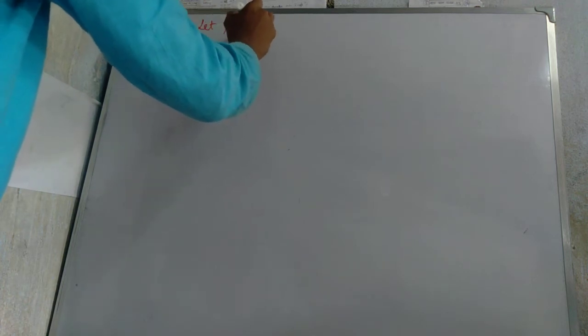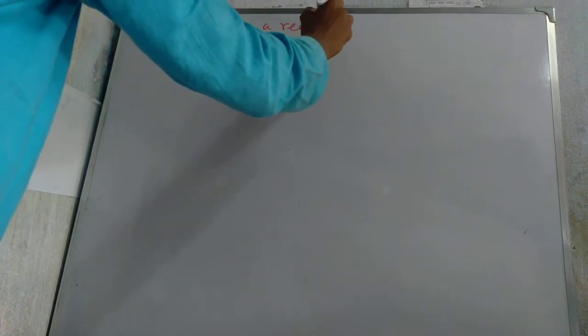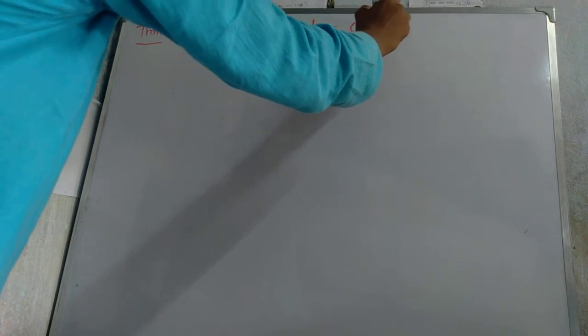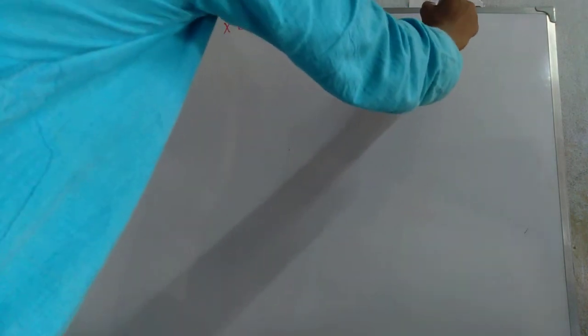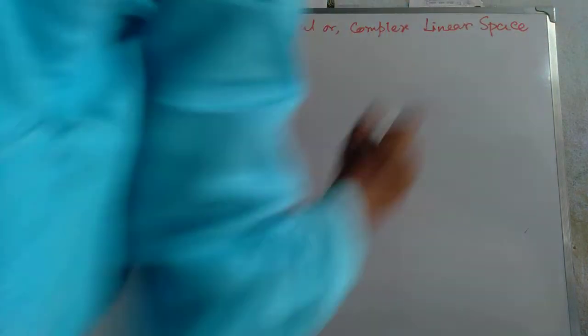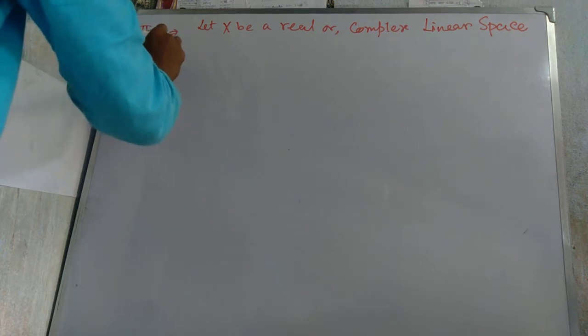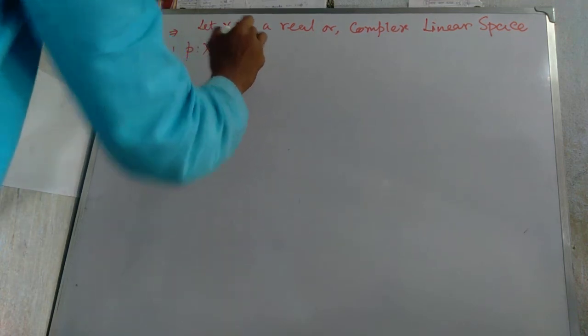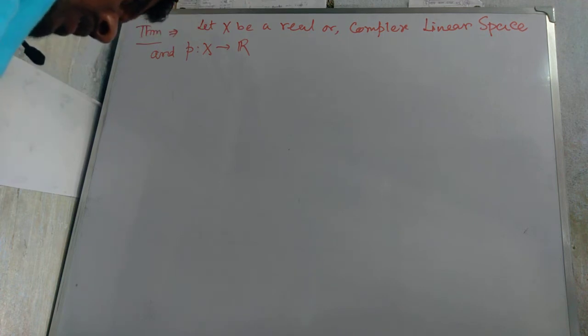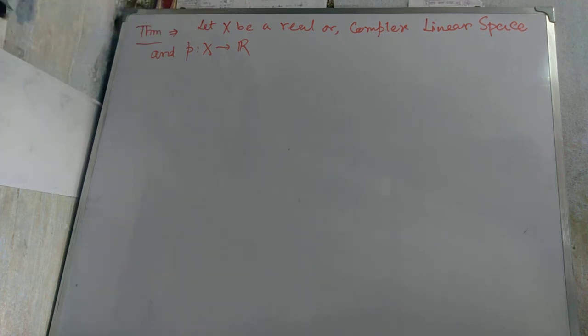Let X be a real or complex linear space, and p: X to R be a sublinear function.